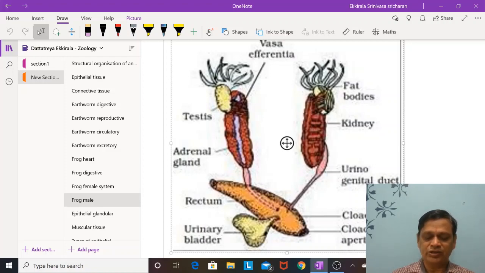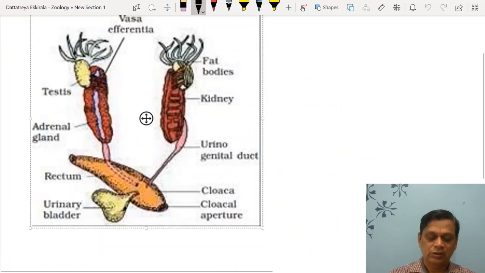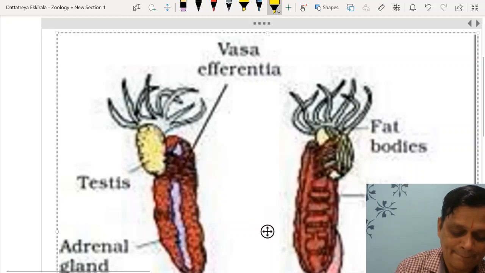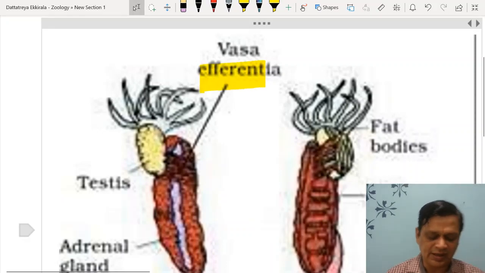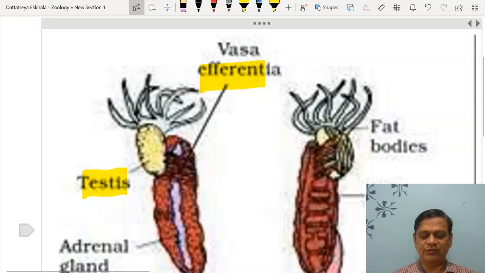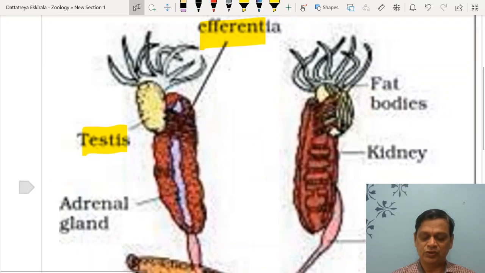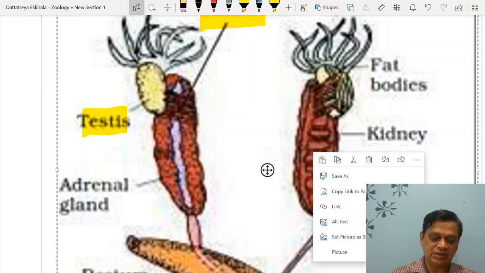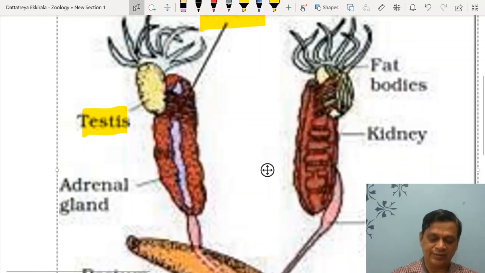So testes are attached over the kidneys by the mesorchium, and from that vasa efferentia arise. The testis contains seminiferous tubules, and these give rise to vasa efferentia, which will open into Bidder's canal. There will be a specialized canal called Bidder's canal present here, right?